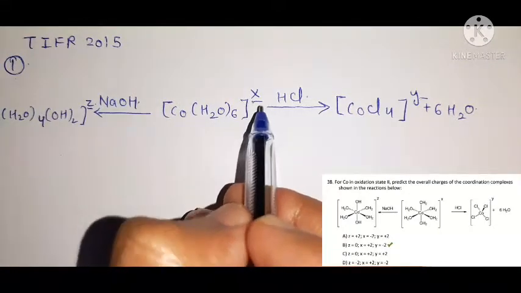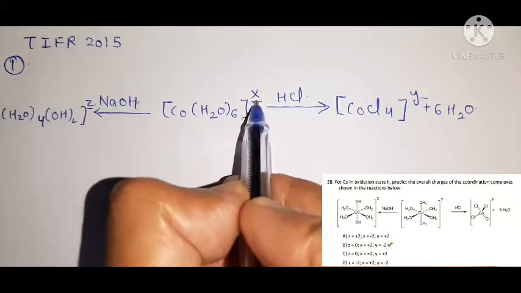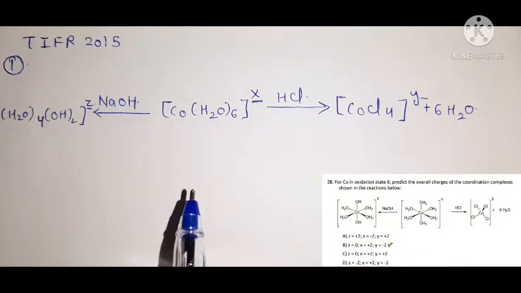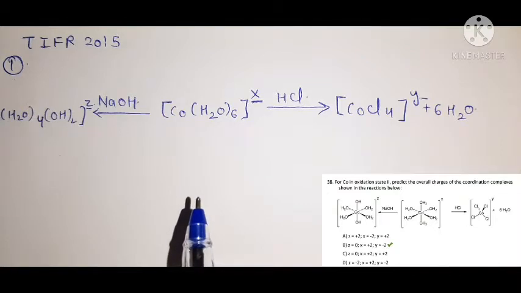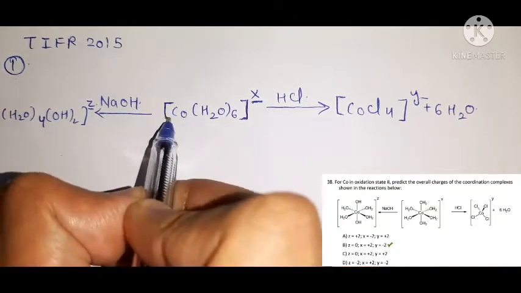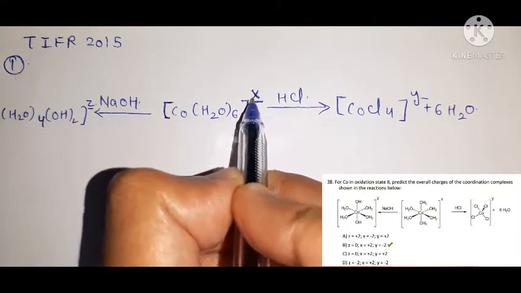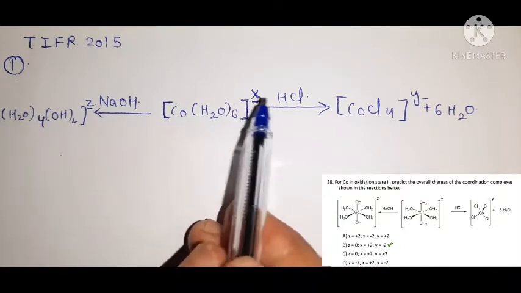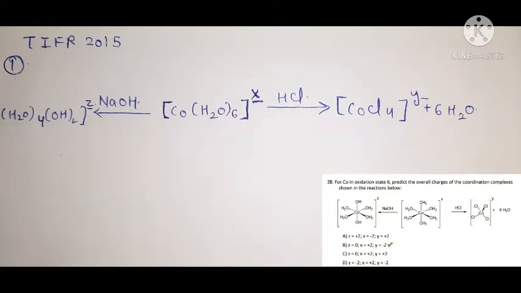Now first of all, for finding X, ultimately you must find the primary valency of this coordination complex. You know very well that the valency shown on the right hand side corner of this bracket is known as the primary valency of that complex. Understand? So it means you must find the primary valencies of all these complexes.